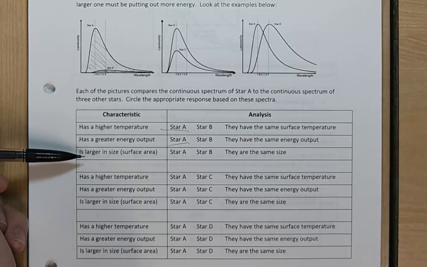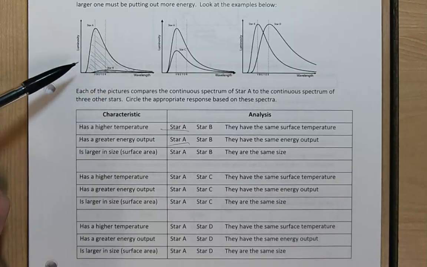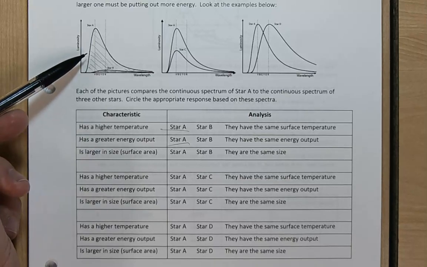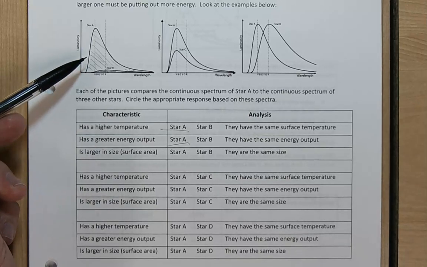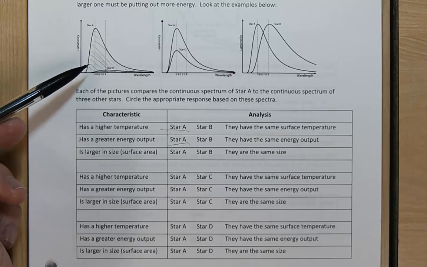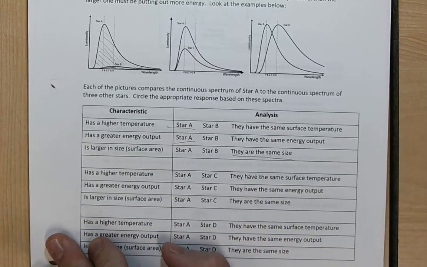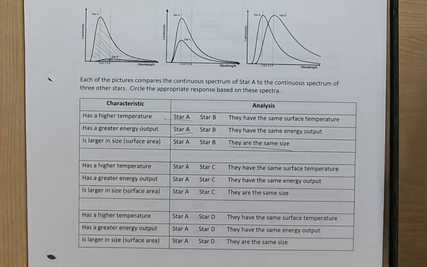So given that we have no numbers here to do some math and calculate their radii, the safest thing is to assume that A is hotter, that we know for sure, and that the brightness, the luminosity is coming from the higher temperature, not from a larger size. So probably it's a good, safe assumption that they could conceivably be the same size.